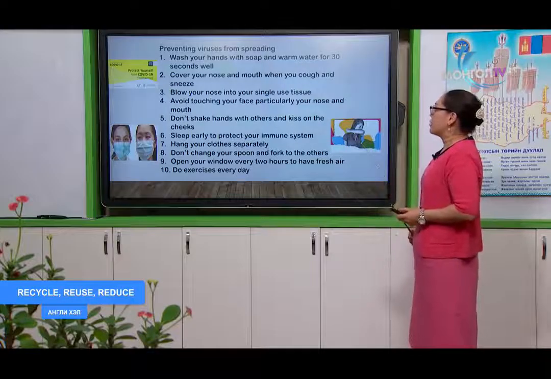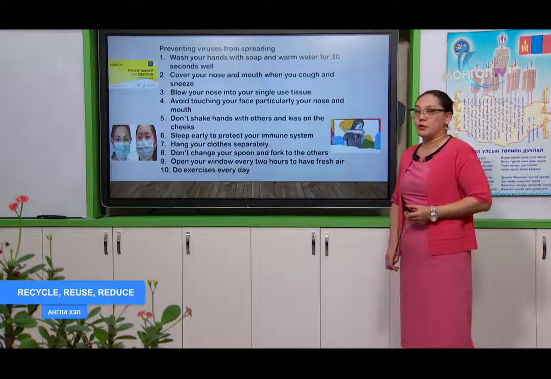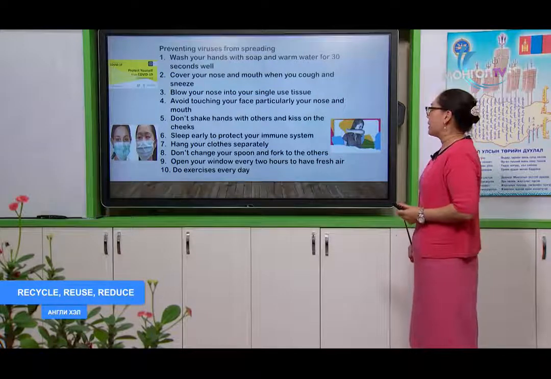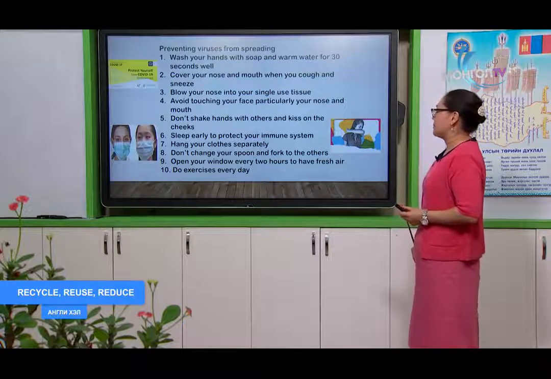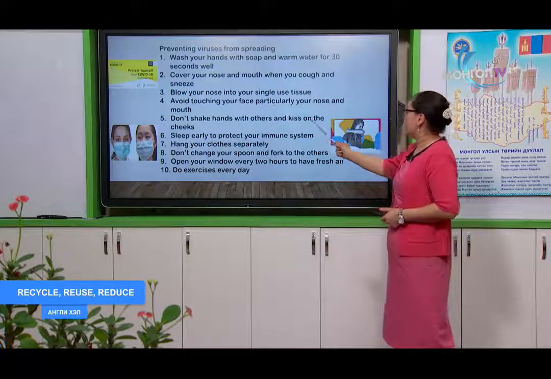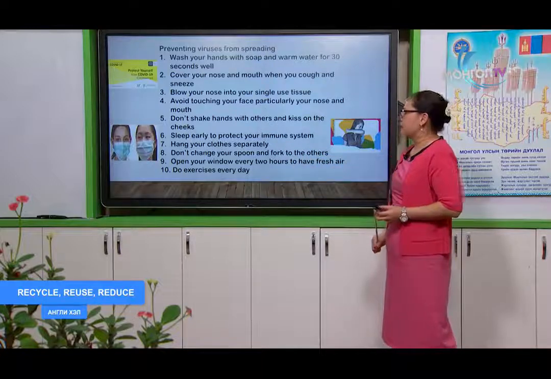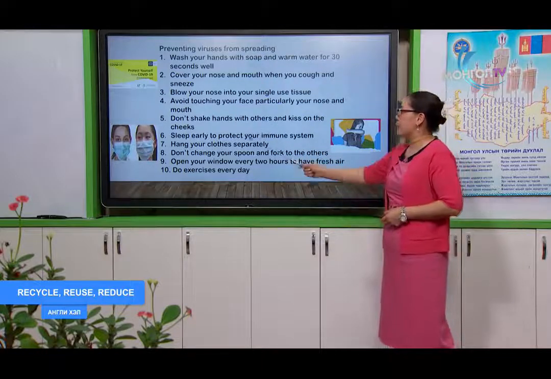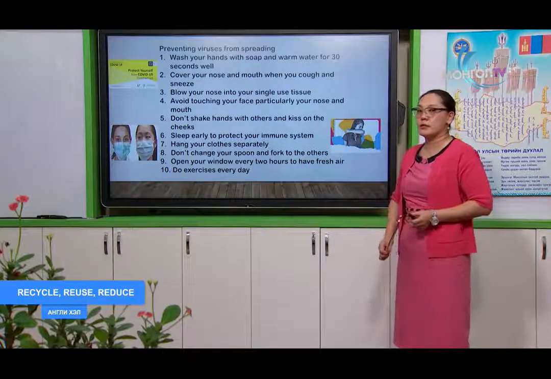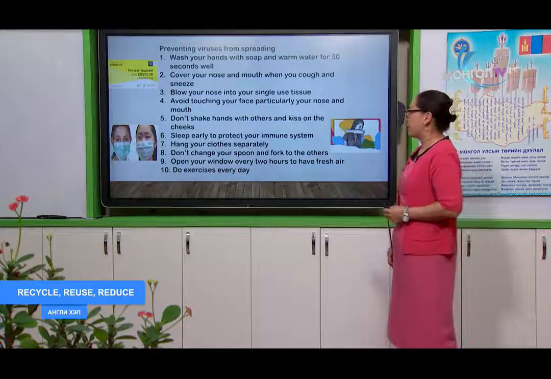Blow your nose into a single-use tissue and don't blow your nose in the street. And don't shake hands with others and kiss on cheeks. And avoid touching your face, particularly your nose and mouth. And the sixth advice is sleep early to protect your immune system, because the immune system is very important to protect against the virus.